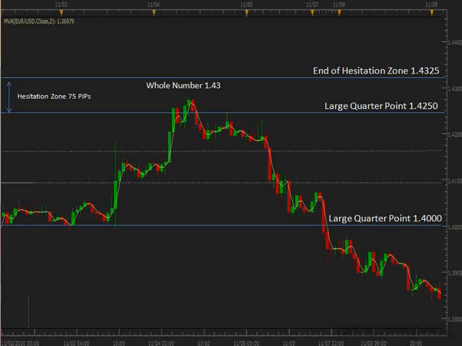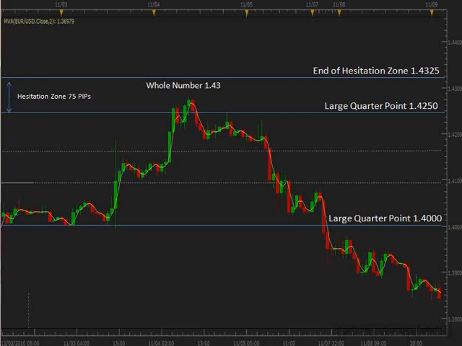So from the Quarters Theory perspective, I consider every significant price move to occur from one large quarter point targeting another large quarter point. And this way a Quarters Theory trader always knows what is the starting point of a price move and always knows what's the ending point of a price move.